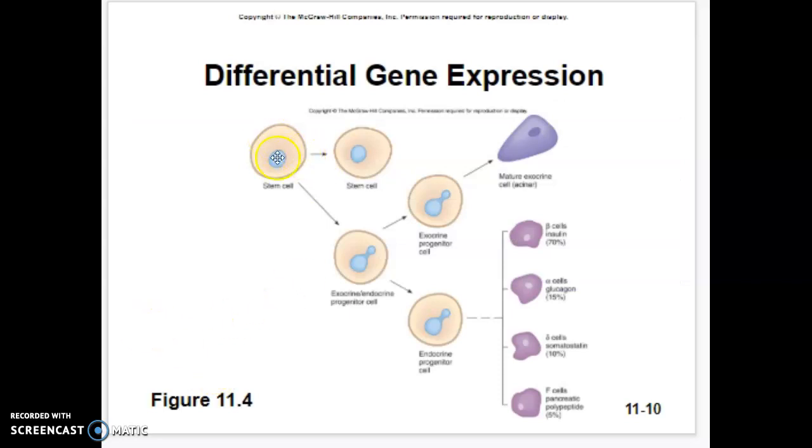So we know with the stem cell, once they go down the exocrine pathway, and we've got this progenitor cell here, if it's exposed to PDX1, it's going to become a mature exocrine cell. We're not too concerned about that. We want these guys here because people who have diabetes have some issue here.